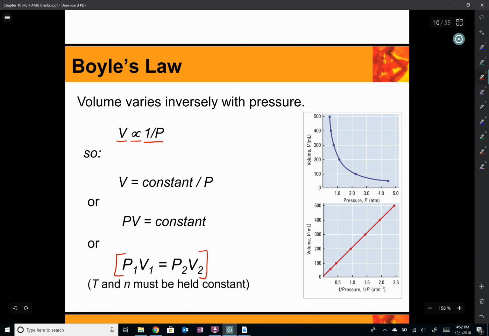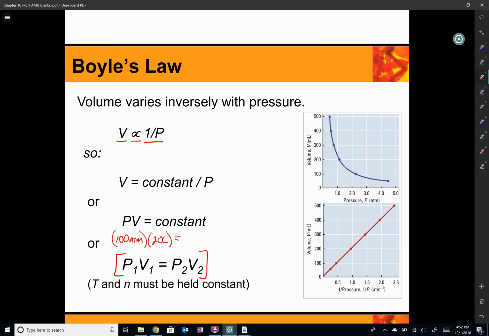So if we're comparing pressure and volume at two different states, for instance, it could be a question like: let's say we have pressure at 100 atmospheres and a volume of 20, P1 and V1. We could calculate P2 and V2 if we had the appropriate data.